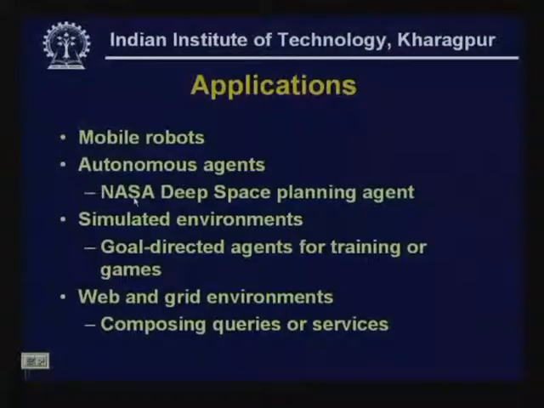Autonomous agents also need to do planning. For example, NASA uses a deep space planning agent. We have earlier discussed the different rovers that have been sent to space, to Mars, and these agents are involved in autonomous planning.